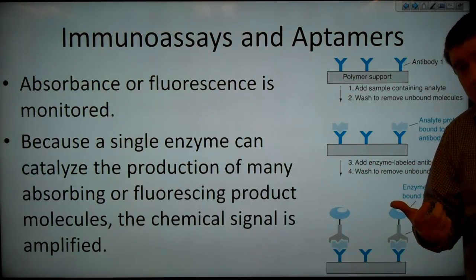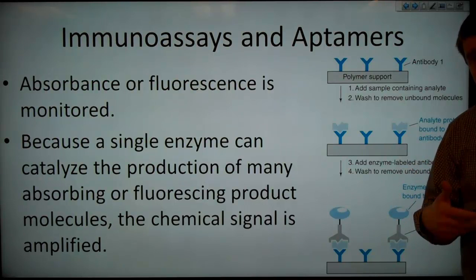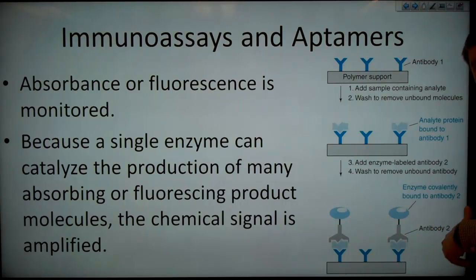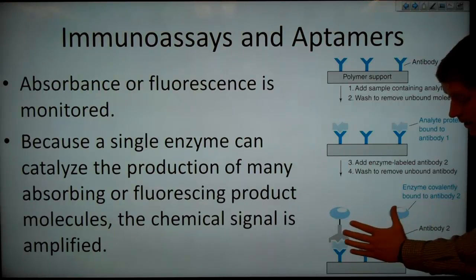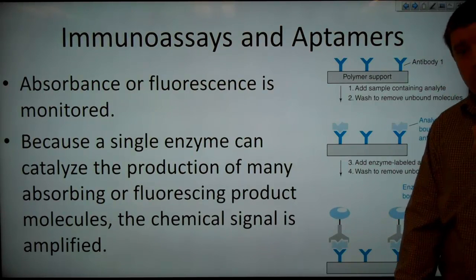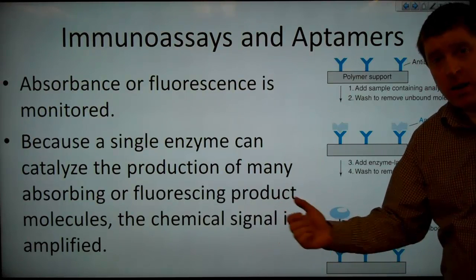We've amplified the signal not electronically, but chemically. We're using these enzymes to create many product molecules that are either absorbing or fluorescing, so for each analyte molecule we now have a lot more absorbing or fluorescing molecules.